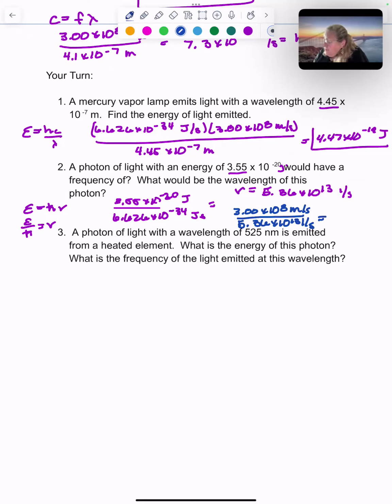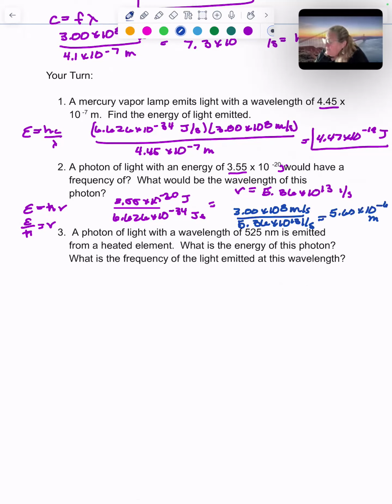That's going to give me an answer in meters, which is going to be my wavelength. And I want to still keep 3 significant figures. So 5.60 times 10 to the minus 6 meters.